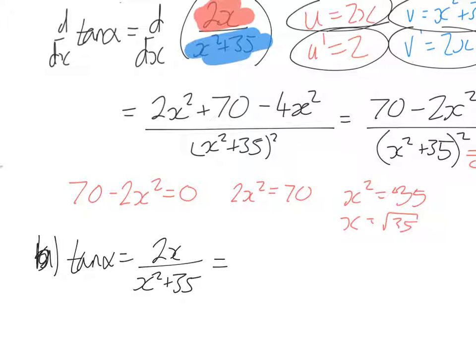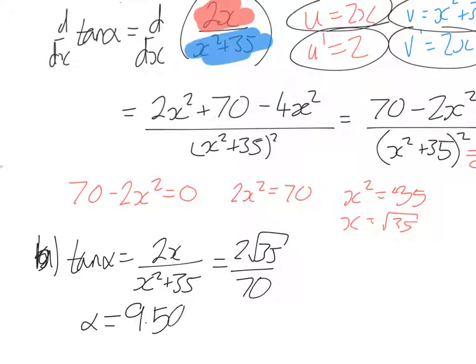And if x is root 35, then that's 2 root 35 over 70. So just do tan inverse of that number, and you get 9.59 degrees.